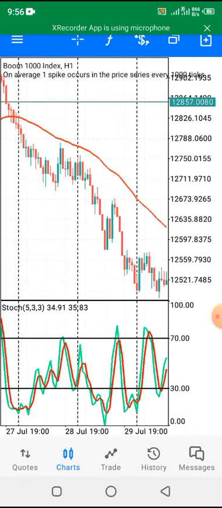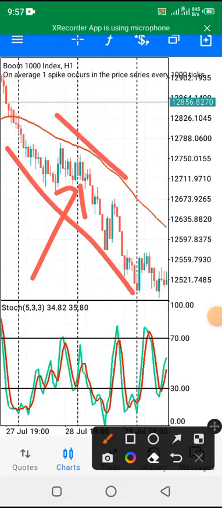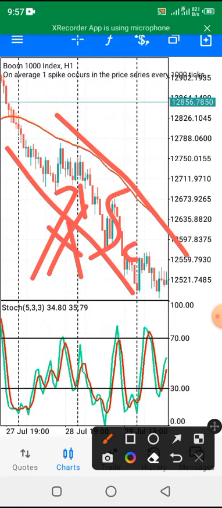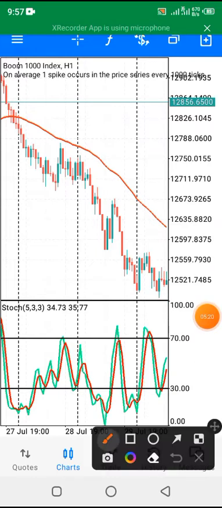Don't find yourself buying here, right? You can't buy from this market because you can see it's a downtrend. You can see the market is moving in a downtrend. So you don't find yourself buying from here, right? You only look for sells, right? You only look for sells. And this moving average shows us our direction. You can see here it's showing us we are just looking here for sells, right?